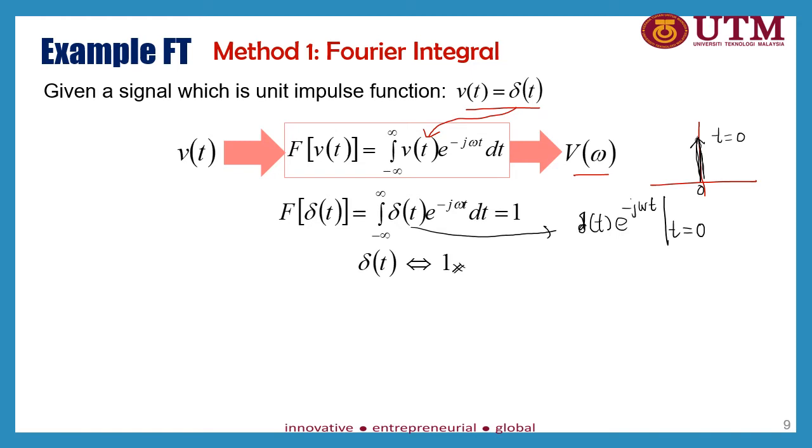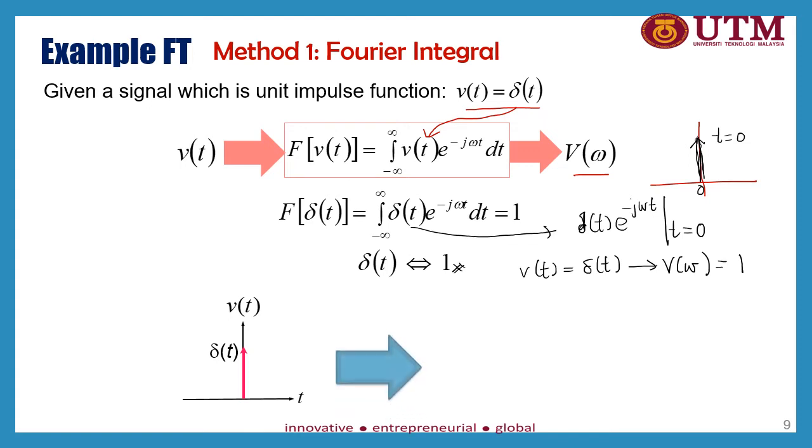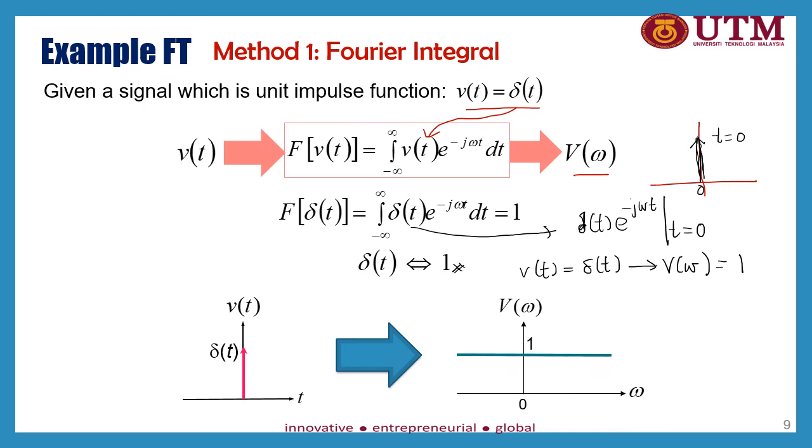So when you have a signal v(t) equal to delta t, your V(omega) equals 1. So this is the impulse delta t in time domain, and the spectrum appears as lines with constant 1.